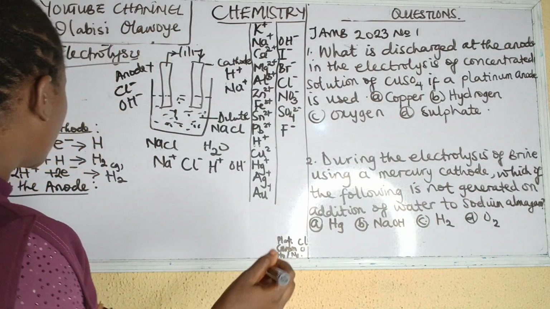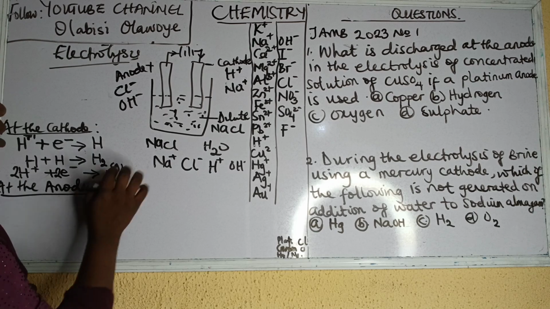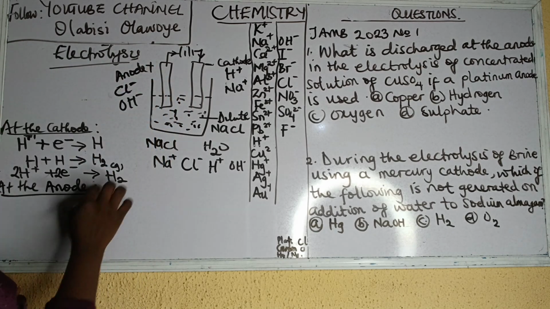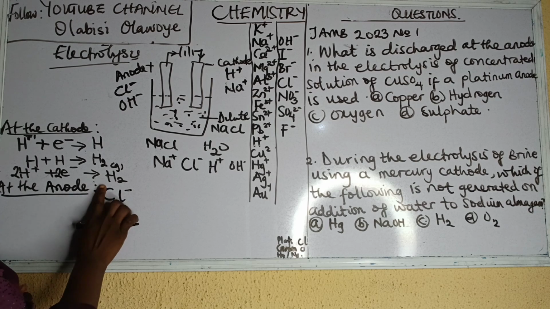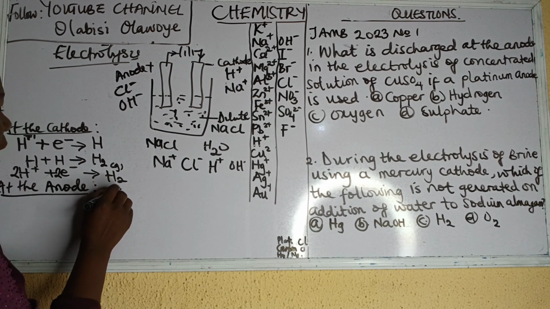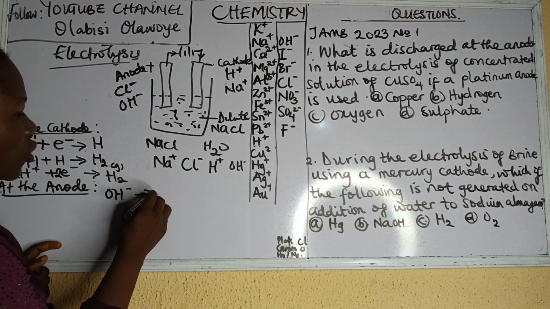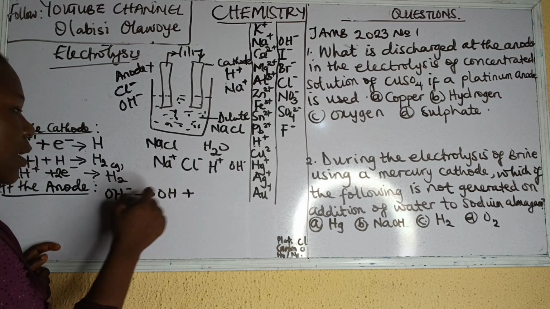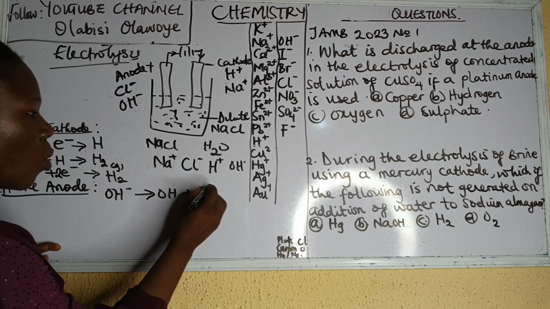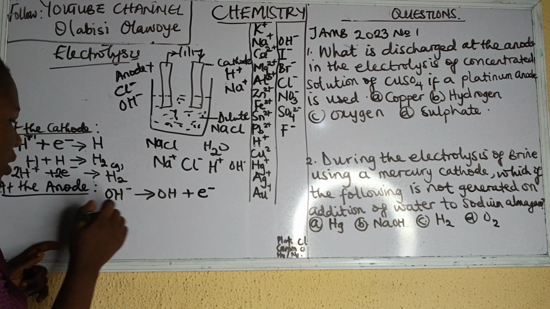So to write the equation, since oxidation usually occurs at the anode, which is loss of electron, hydroxide ion is going to lose electron. We have OH neutral, no charges, after losing 1 electron. But we don't write hydroxy like this.